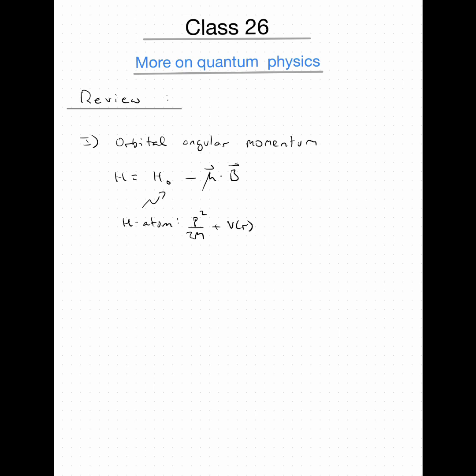And that H naught is for the hydrogen atom, the kinetic energy term plus the potential term, V of r.